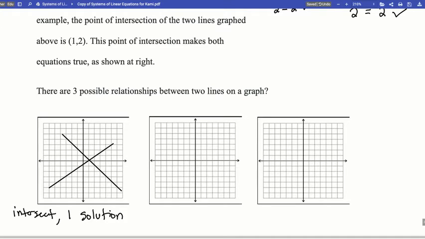Each line has infinitely many solutions, but to the system, there's only one solution, and that one solution is right there, where they intersect.